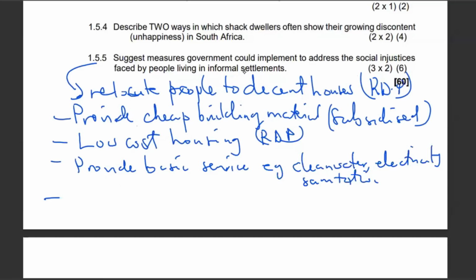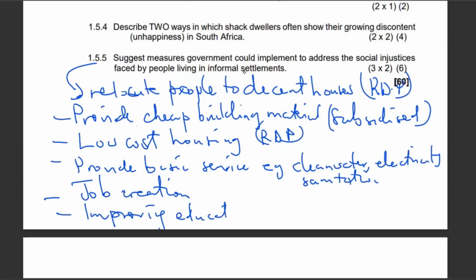And also we can look at job creation. The government must try to create jobs to accommodate those people. And we can also talk of things like improving the education of the people and also upgrading the skills of the people, because some of the major causes is that the people do lack skills that are required by employers, and also some of them do lack education.